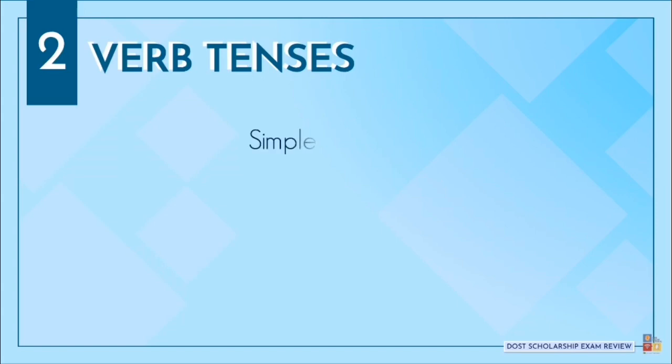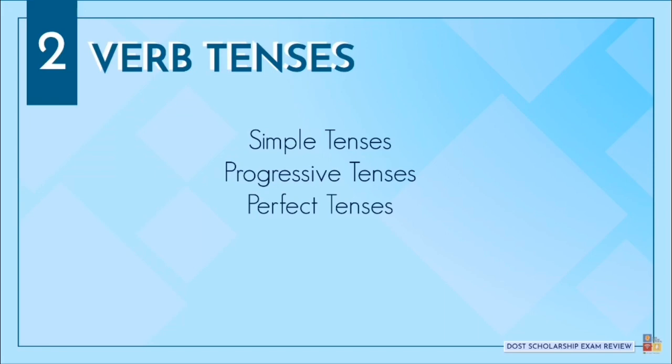A verb can be in the simple tense, progressive tense, perfect tense, and perfect progressive tense. Take note that we are not after these terms. Rather, we are after how to apply them in sentences. Because the topic verb tenses is quite long and needs to be reviewed thoroughly, we are not going to explore it further in this video.